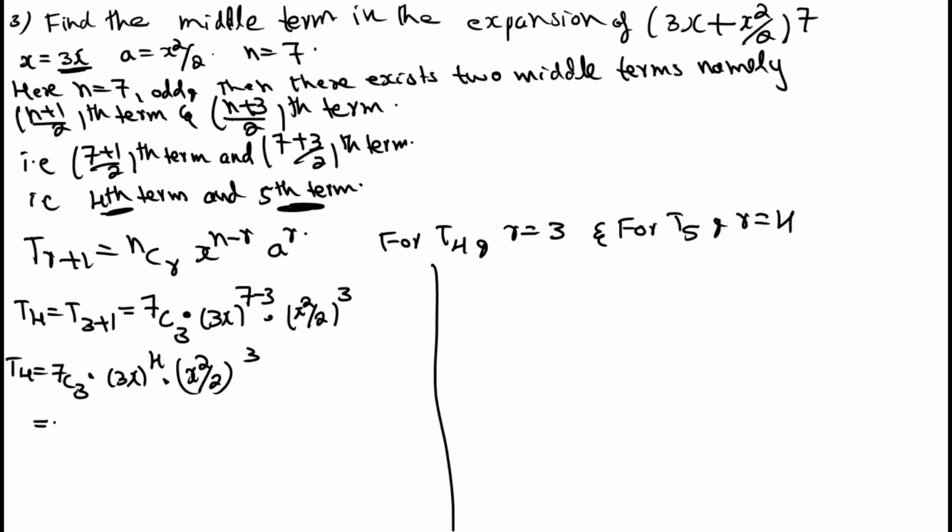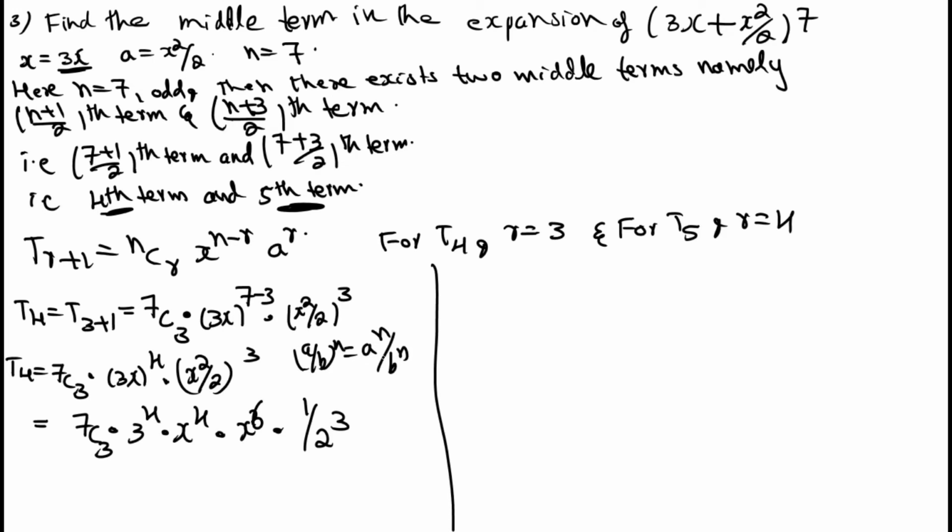Here you can write it as 7C3 into 3⁴ into x⁴ into (x²)³, that is x⁶, into 1 by 2³. (a/b)^n you can write as a^n by b^n. So (x²/2)³ can be written as (x²)³ divided by 2³. Okay, so (x²)³ is x⁶, times 1 by 2³.